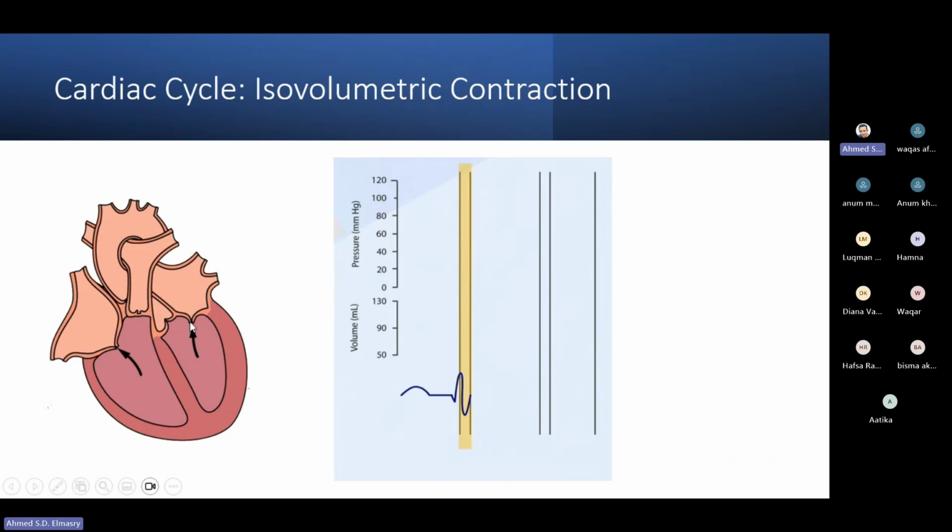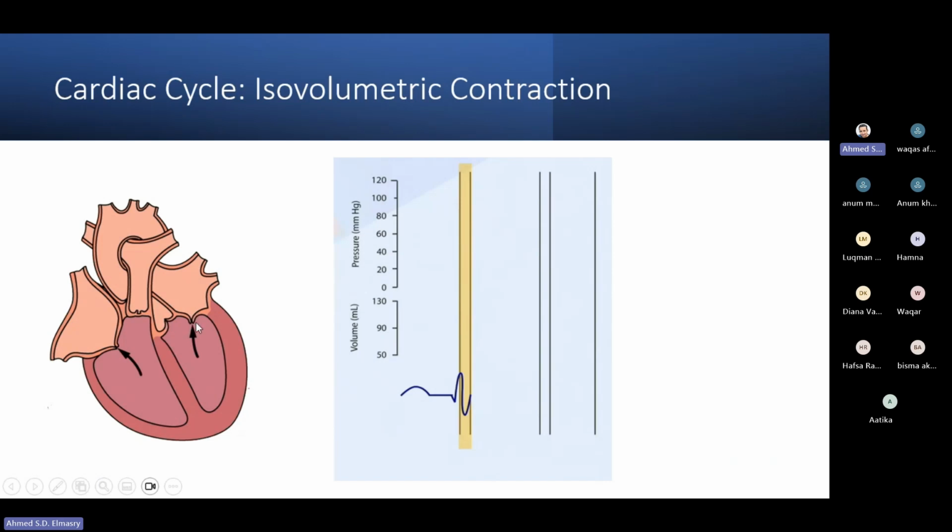So here the mitral valve is closed, and here the aortic valve is closed. So the ventricle will start the contraction. The volume inside the left ventricle will be the same, but the pressure inside the left ventricle will be increased, simply because the valves are closed.